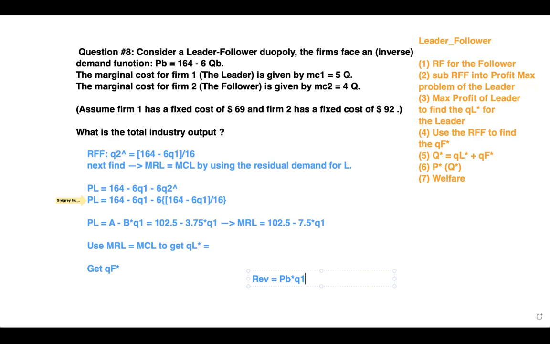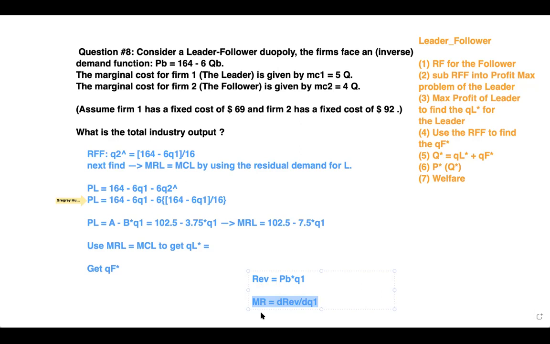So, once I have it in this form, then remember the definition of marginal revenue is the derivative of revenue with respect to the firm's quantity. So I could do it this way instead. If I wasn't trying to be careful to show you all how to solve these problems without using calculus, I would just do this.